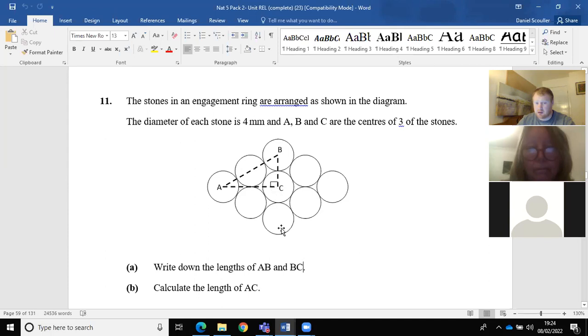BC is centre to centre. So if you're calculating the length of AB, that's centre to an outside edge, which is 2 millimetres, outside edge to outside edge, which is 4 millimetres, and then outside edge to centre, which is 2 millimetres. So that length is going to be 8. So AB is going to be 8 millimetres.